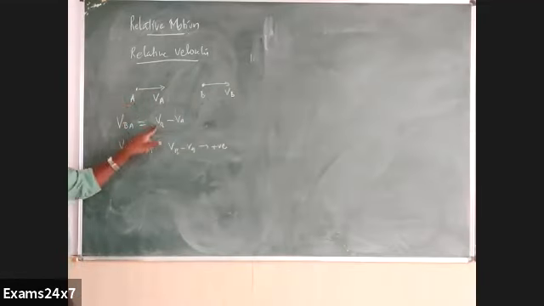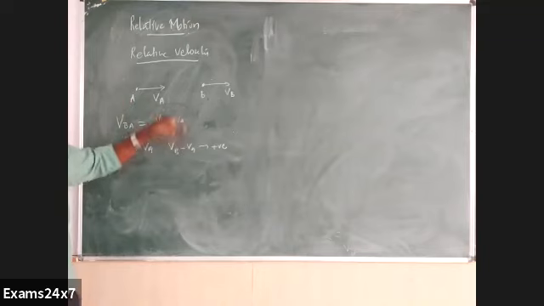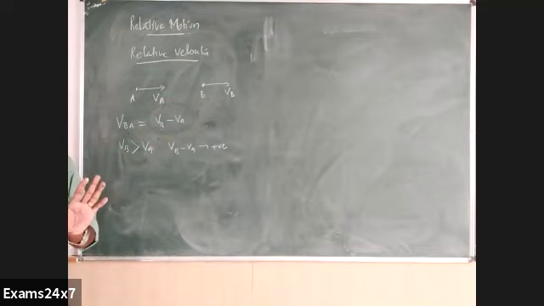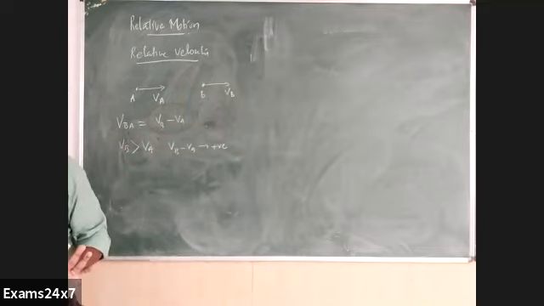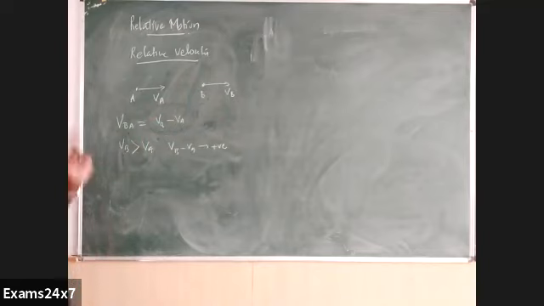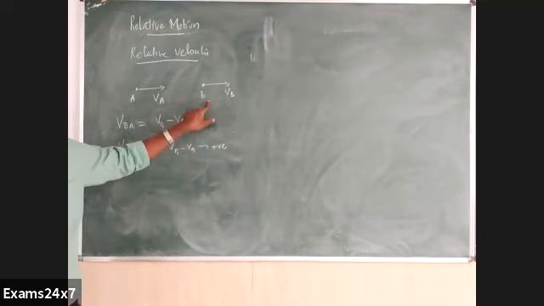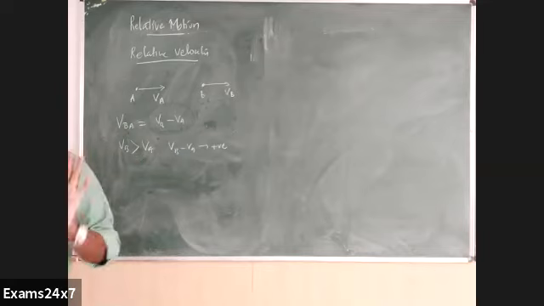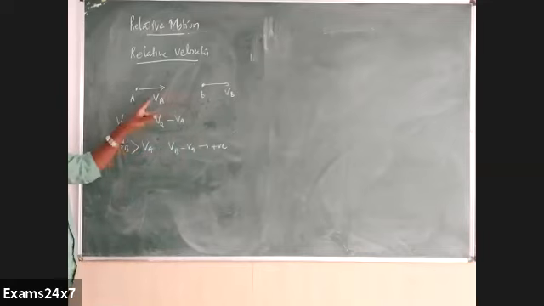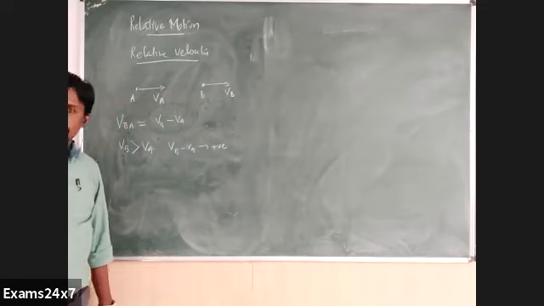If VB minus VA is positive, B is moving away from A, either along the positive x-axis or negative x-axis. I don't have to worry about that. If VB minus VA is negative, the relative velocity of B with respect to A is negative. That means B is approaching towards A, or A is approaching towards B. Even if they are moving along the same direction, B is approaching towards A. Are you getting the point?